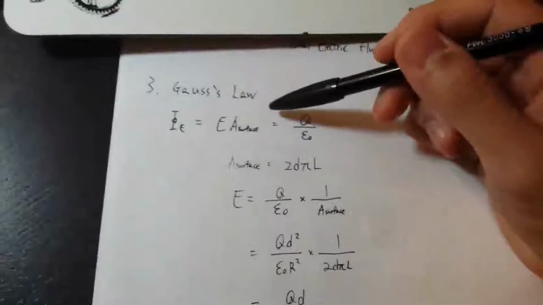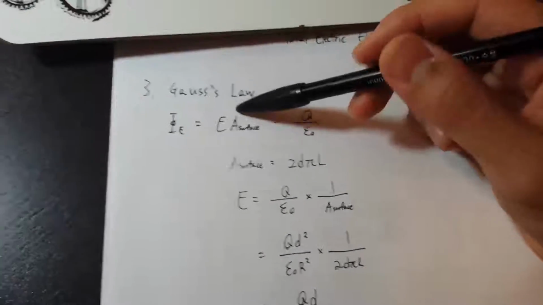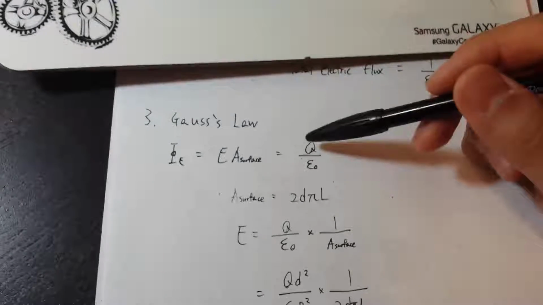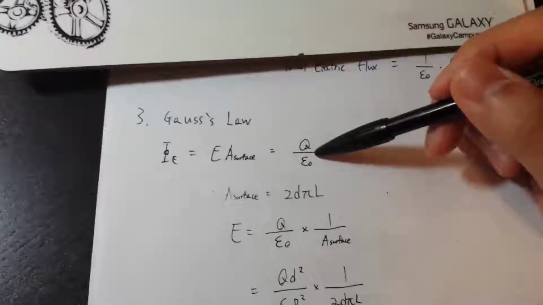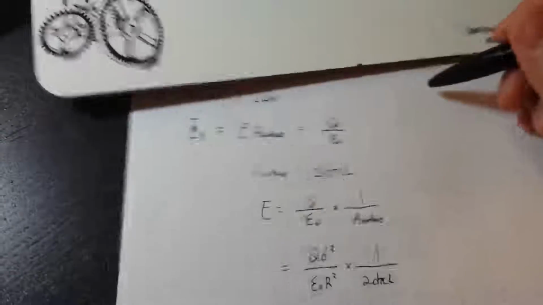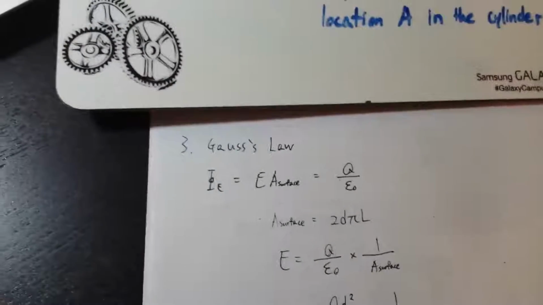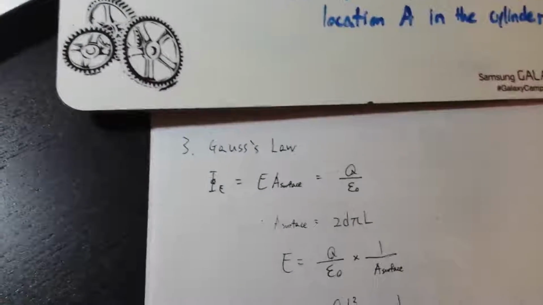According to Gauss's law, the electric field times the surface area is equal to Q over epsilon naught, which is the total flux of the imaginary Gaussian surface, which we found from solving the second part of the question.